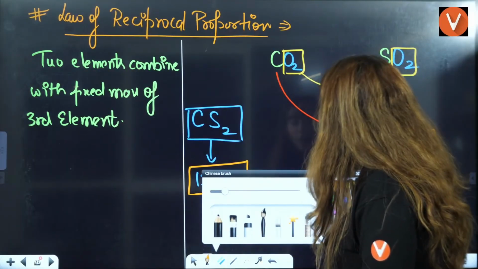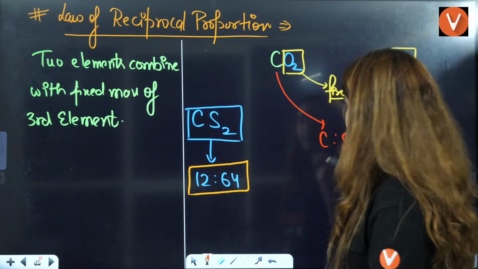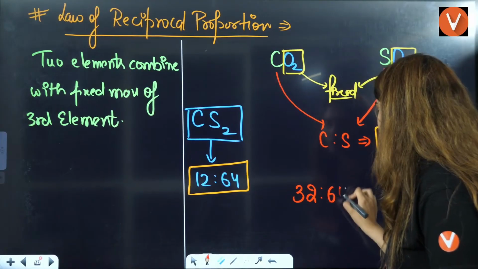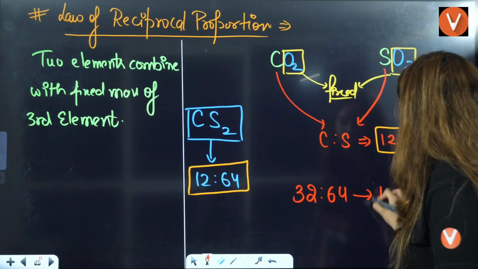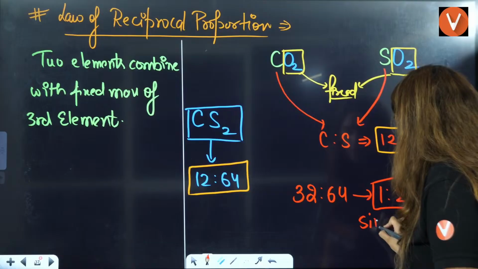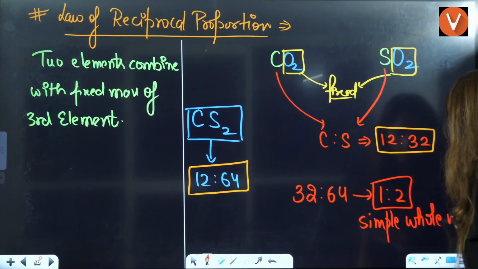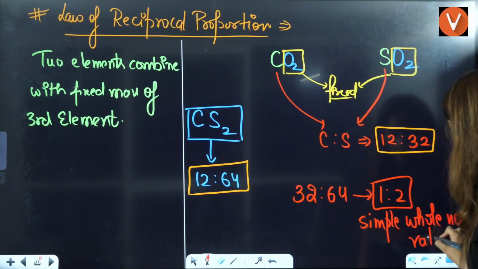Now, here also I am fixing this 12 and fixing this 12. Then the ratio is going to be 32 to 64, which is a simple whole number ratio.